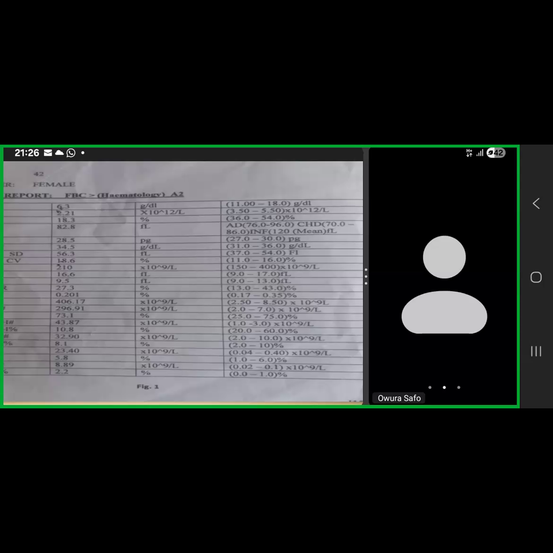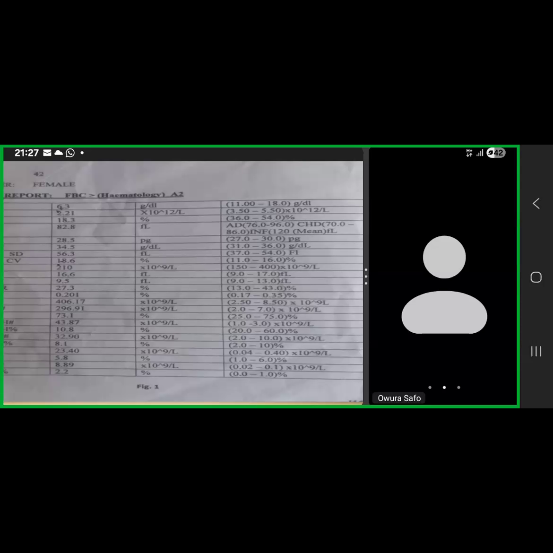Yes, in the peripheral blood comment, I expect normocytic normochromic red cells. I agree. Second one, white cells.